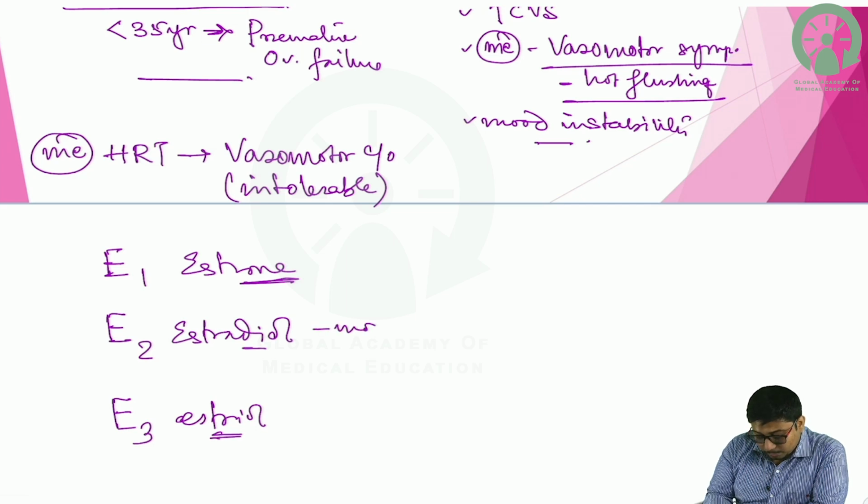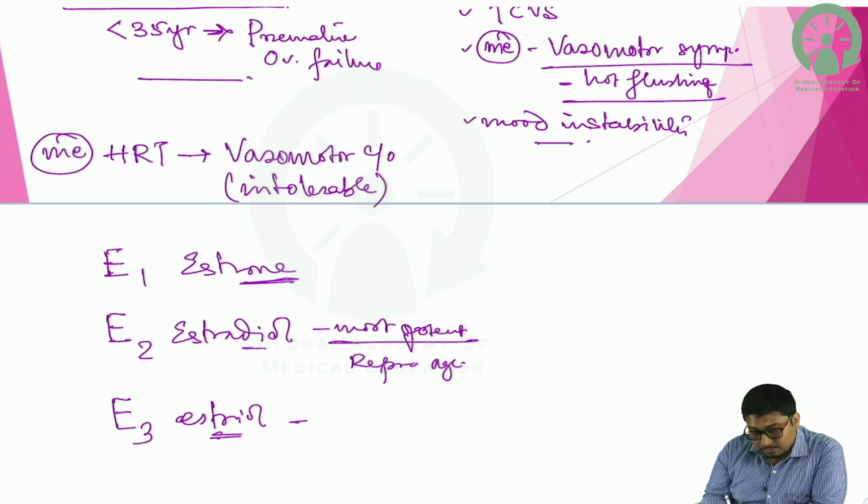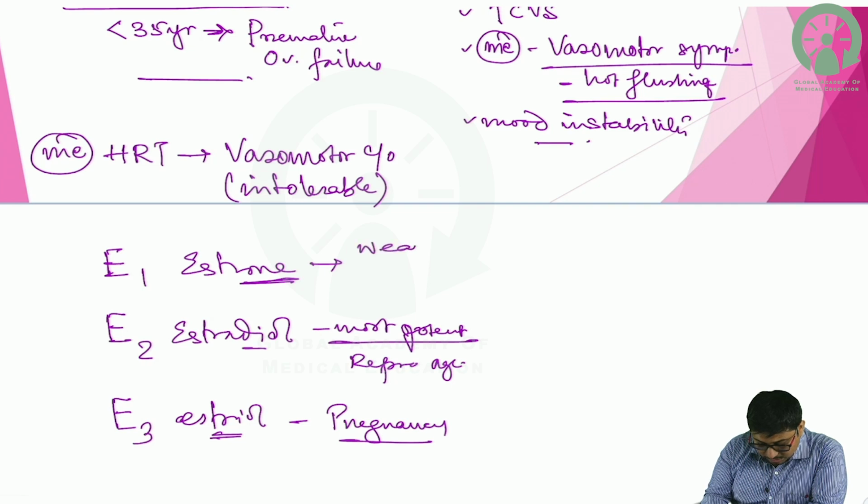Estradiol is the most potent estrogen, and is most common during the reproductive age. Estriol is a weaker estrogen and is mostly seen in pregnancy. And estrone is the estrogen of menopause and the weakest estrogen.